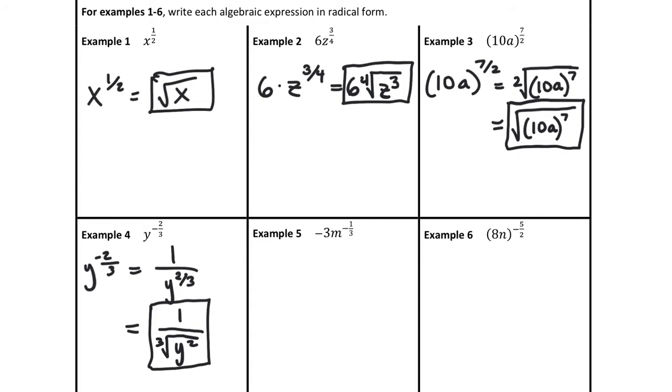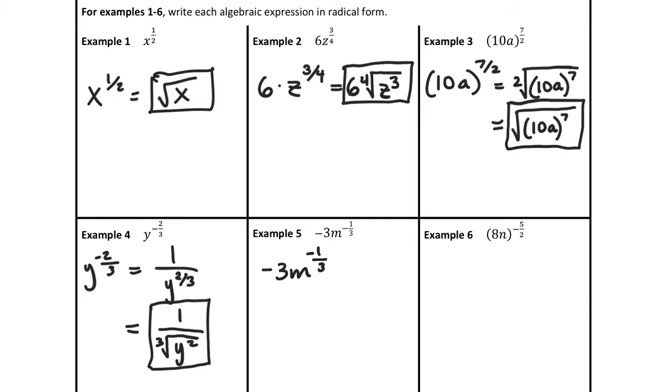So we're going to have negative 3, then we're going to put the root symbol. Oh, sorry. Negative 3, let me just copy it again. Okay.